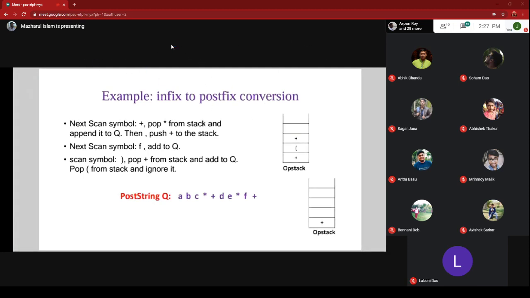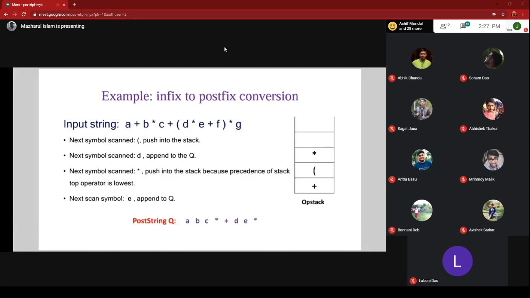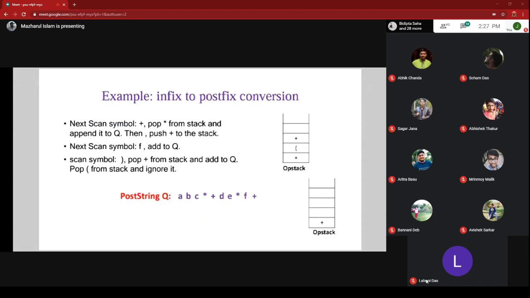After F, what is the scan char? Right bracket. Now, the moment you see the right bracket, you have to retrieve all the symbols from the operator stack until you reach the position of the left bracket.